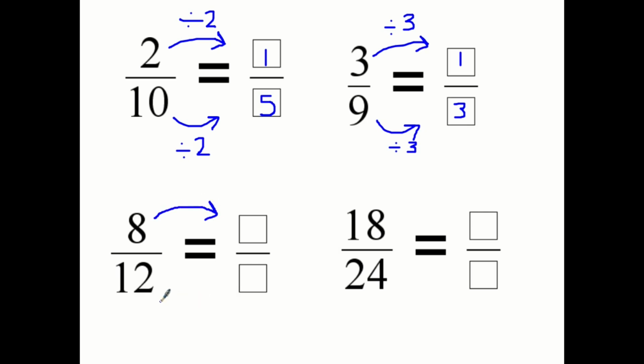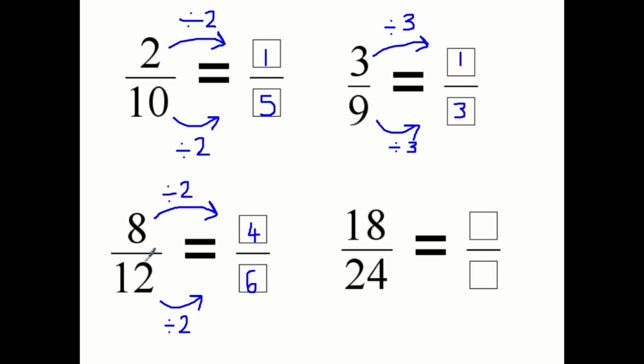You might think, well, I could just divide this by 2. Let's do that. If we divide this by 2, I'm going to get another fraction that's equivalent, but it's not in its simplest form. 4/6 is equivalent to 8/12, but it's not 8/12 fully simplified.